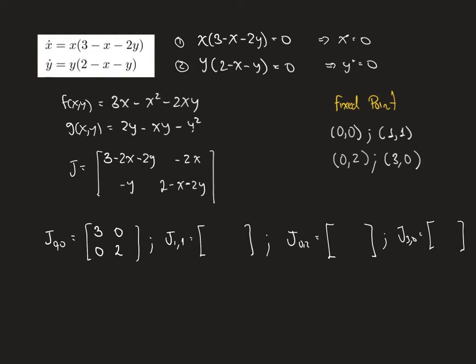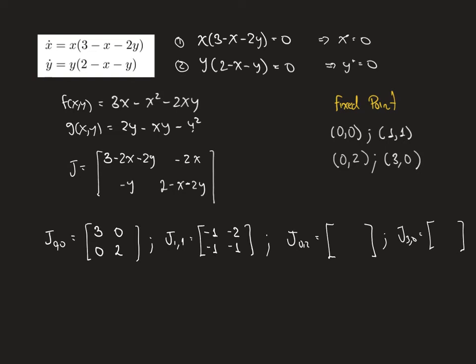Okay, now let's go with the second one. This is going to be 3 minus 2 minus 2, which is minus 1, then minus 2, then minus 1, then 2 minus 1, 1 minus 2, minus 1. Very good.